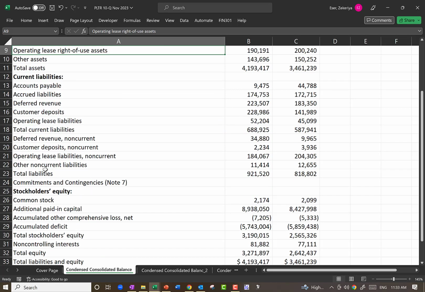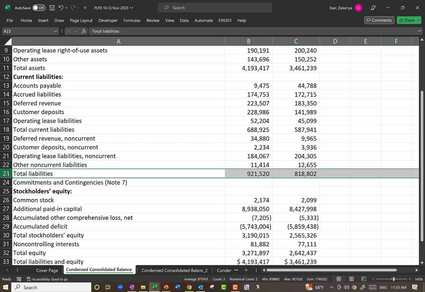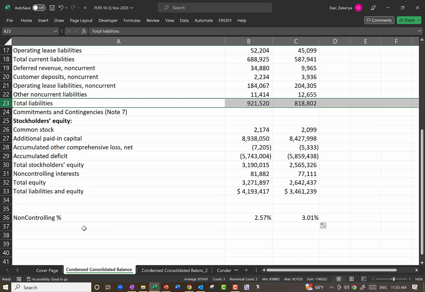If I'm getting the total liabilities from the SEC statement, it doesn't say anything about liabilities that are coming from non-controlling interests or minority interest.